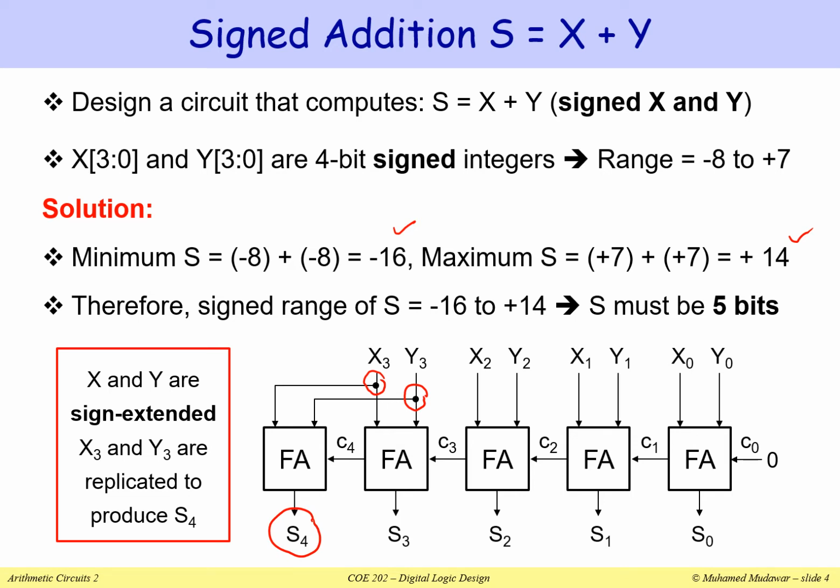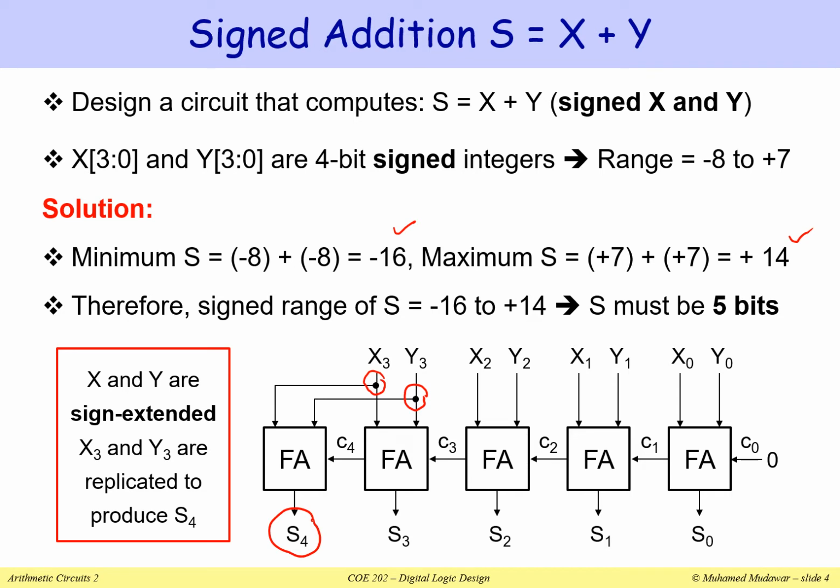S4 is not equal to C4. Why? Because x and y are not unsigned, they are signed integers, and therefore you must extend x and y, and then we have to add them to calculate the correct S4.